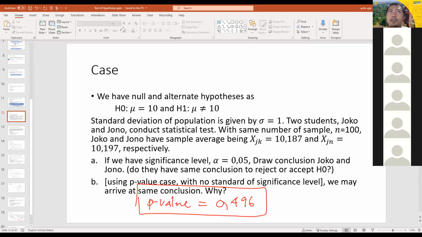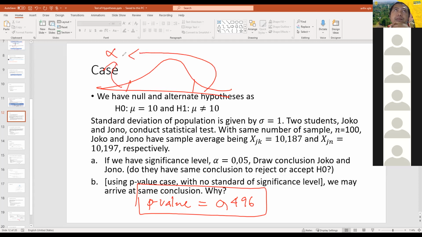You can see here, with the significant level, this is the alpha, also this is the alpha here. So for the two halves, it is alpha by 2. And the p-value actually is also the same as this.